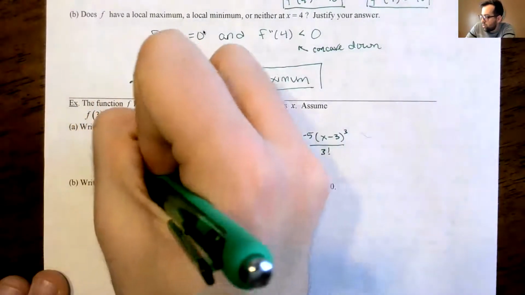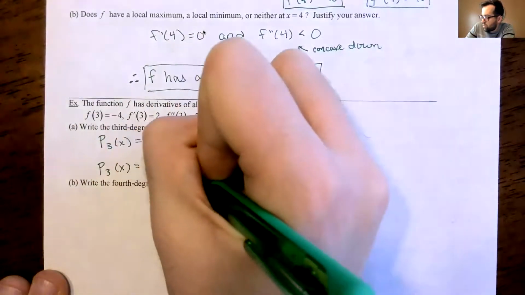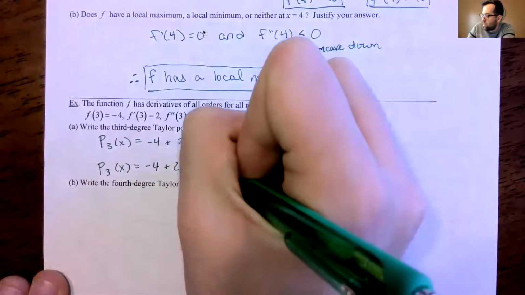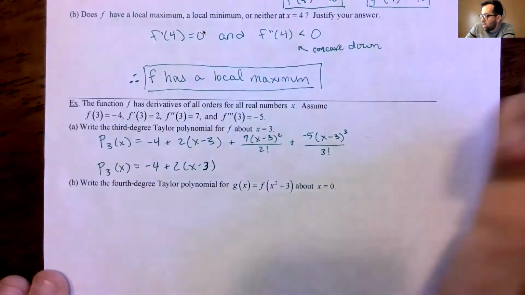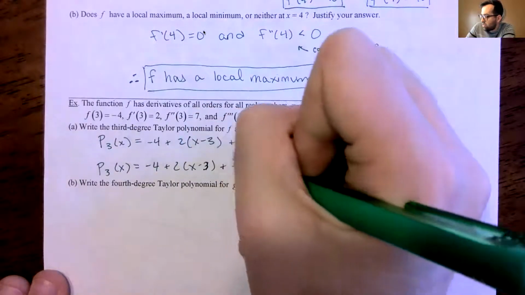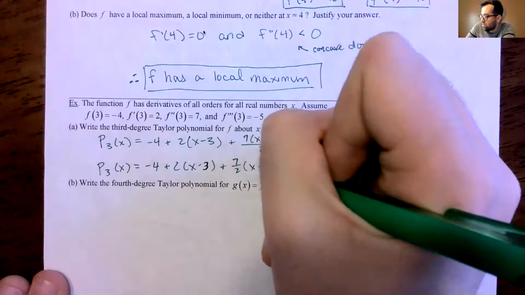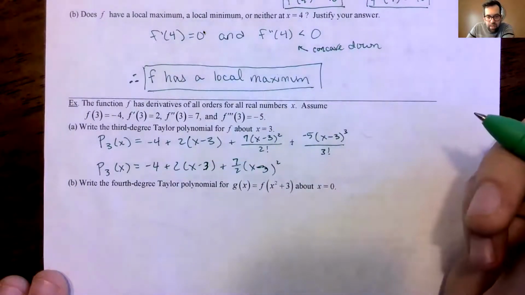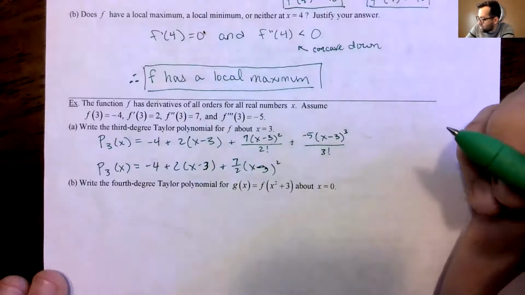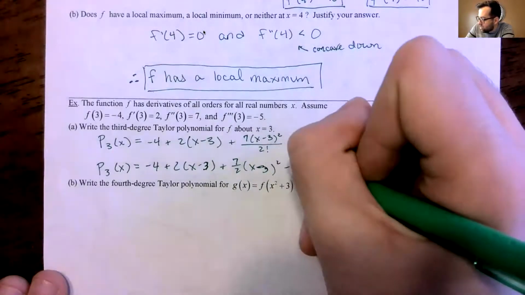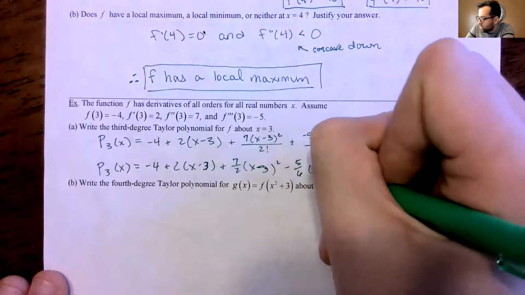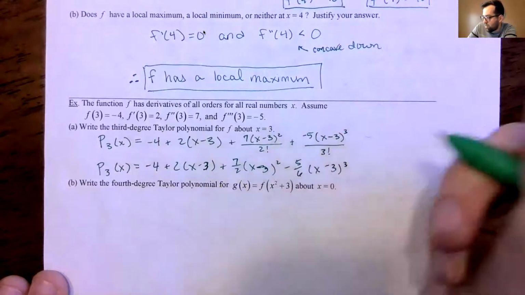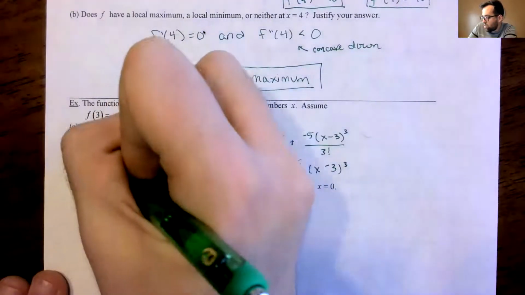So we get -4 plus 2 times x minus 3 plus 7/2 times x minus 3 squared minus 5/6 times x minus 3 cubed. All right, so there we go. There's our third degree Taylor polynomial.